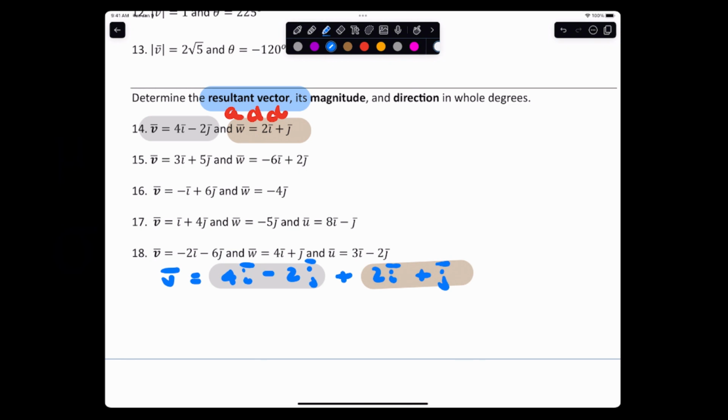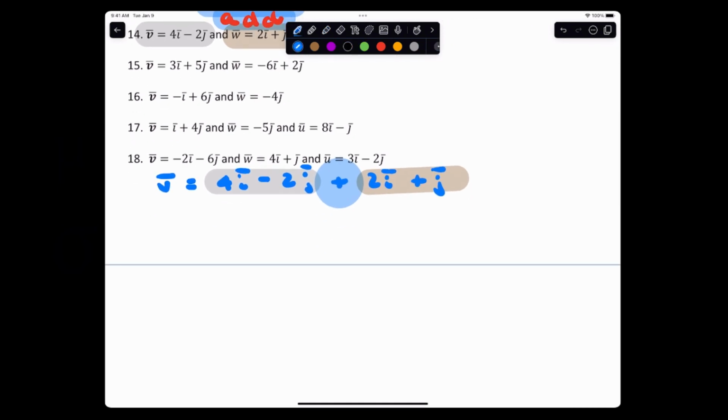And what are you supposed to do? Add them, and that's called the resultant vector, to do some addition. So now you might say, well, what is that going to be? Do you guys remember beginning algebra? Combine like terms. What do I mean by that? What terms are like? The i's. You guys see what I'm saying? Here, 4i plus 2i gives you what? Good job, 6i. You are combining like terms.